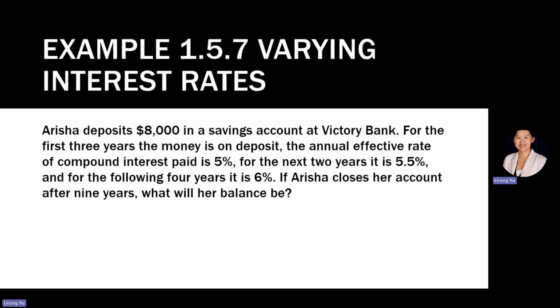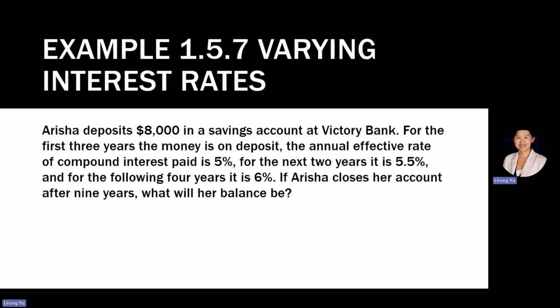Right, so there are a couple of other examples in my 1.5 about compound interest. This one is the easier version of the changing interest rate. So here we're saying that if you save $8,000, the first 3 years the interest rate is 5%, and then the next 2 years it is 5.5%, and the following 4 years it is 6%.